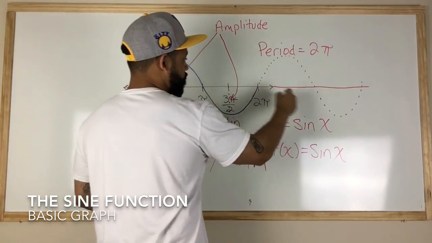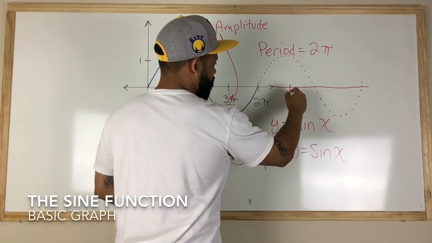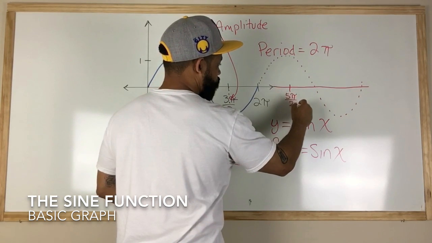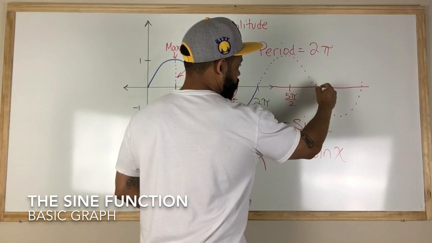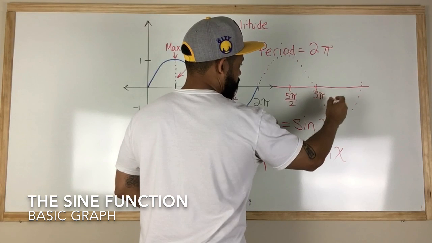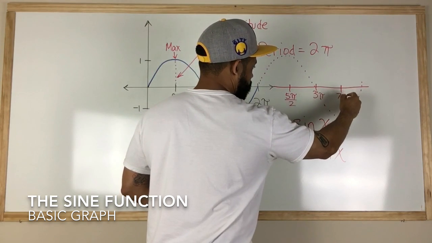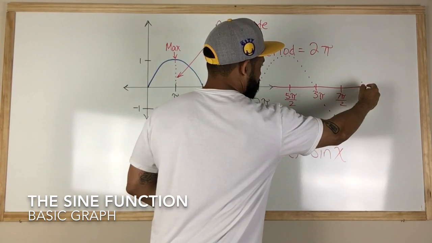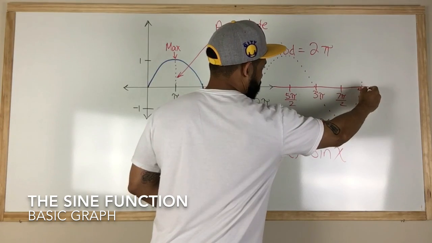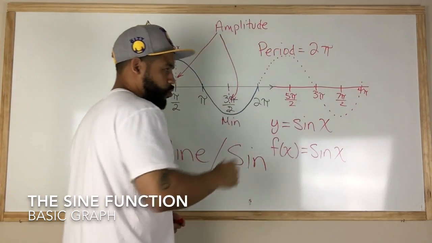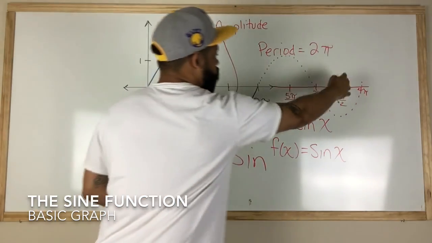Okay, so this would be actually here 5 pi over 2, and then we would say 3 pi here, and then 7 pi over 2, and then 4 pi. Okay, 4 pi. So that's just an extension. So we have 2 full wavelengths there.